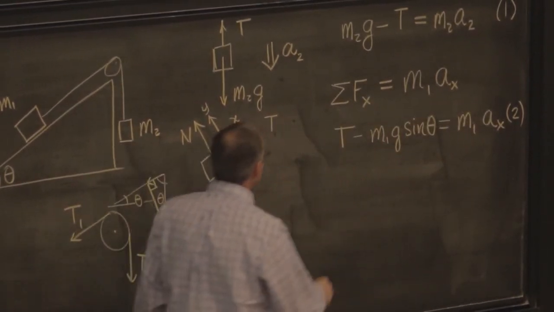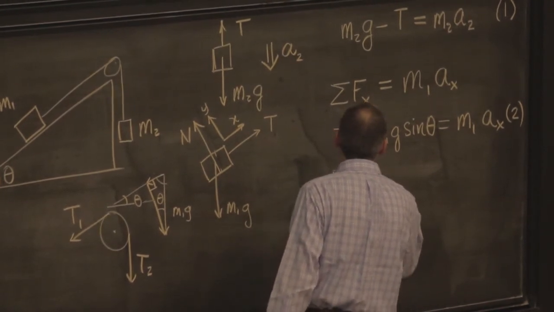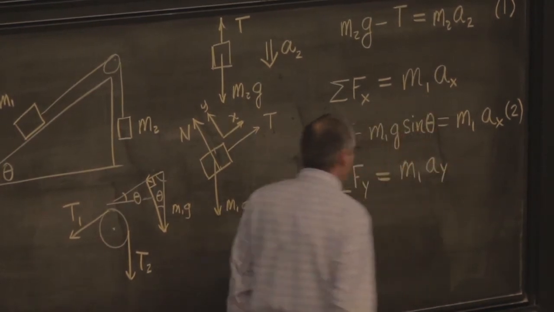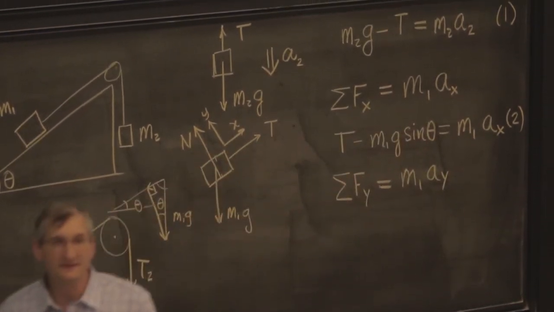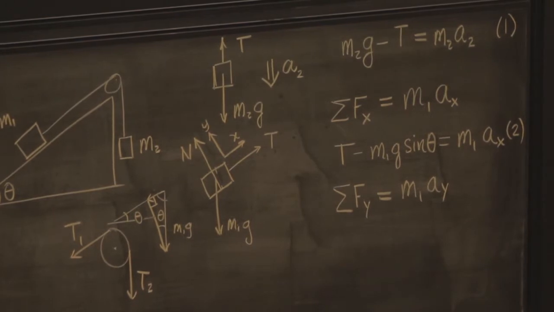Sum of the forces in the y direction is equal to m1 a sub y. Why is this one not so interesting? What would I learn from doing this one? Nothing. I would learn something.